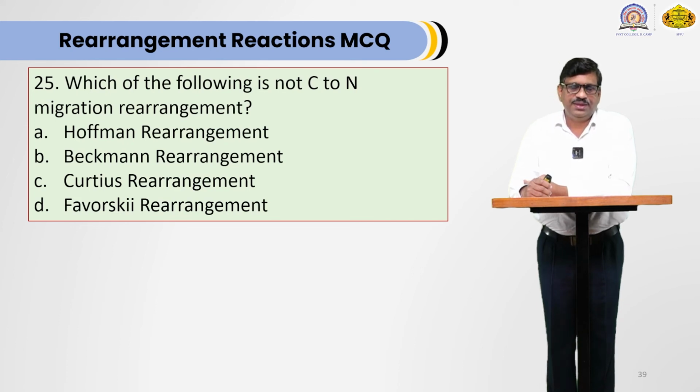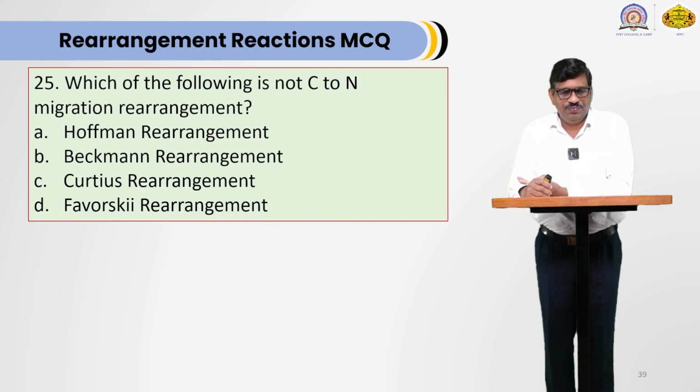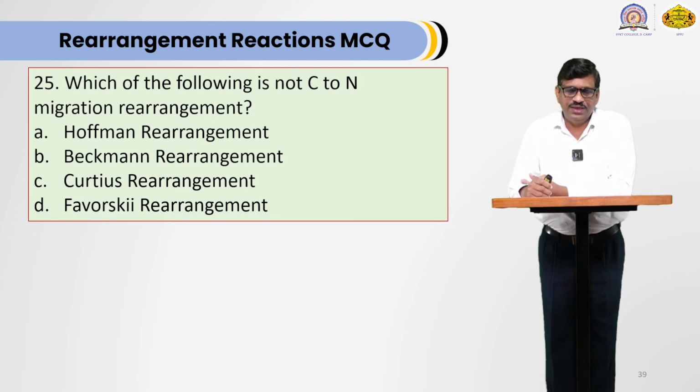If you find the starting material, then the answer is very easy, because in Hofmann rearrangement, amide is the starting compound, it contains nitrogen, that's why carbon to nitrogen migration is possible. In Beckmann rearrangement, oxime is the starting compound, it also contains nitrogen, that's why nitrogen to carbon migration is there. In Curtius rearrangement, acyl azide also contains nitrogen, that's why carbon to nitrogen migration is also there.